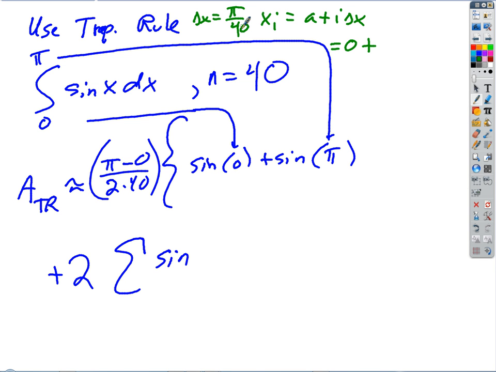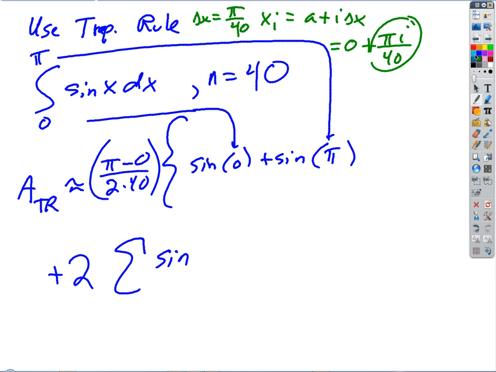B minus a over n. So we're going to get 0 plus pi i over 40. So that's it right there, just pi i over 40. Everybody with me? That make sense? So that's what we're going to be feeding into the sine function in our sigma.